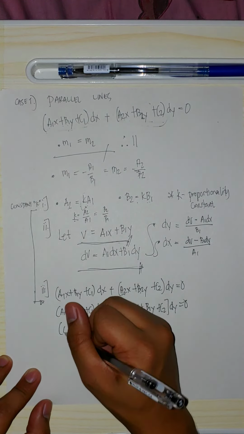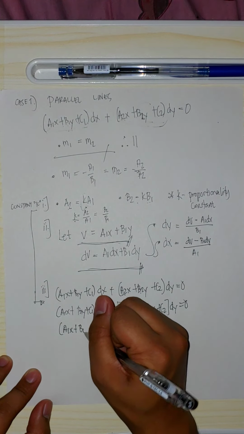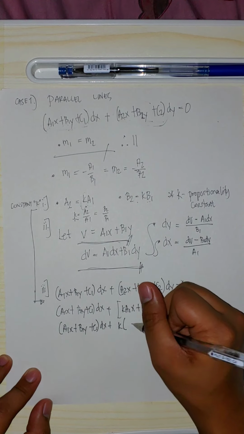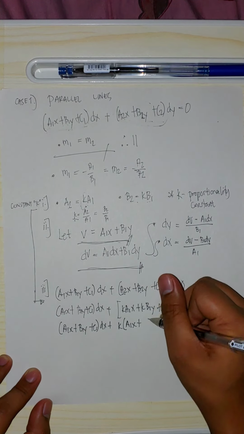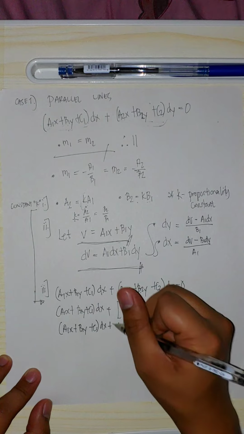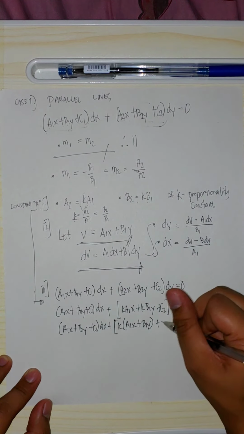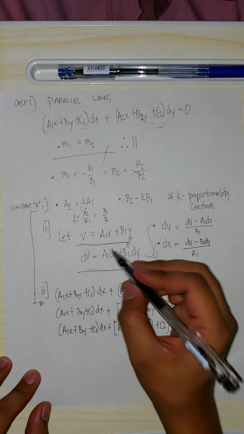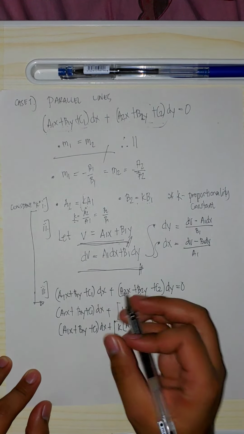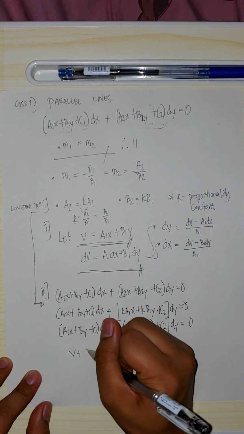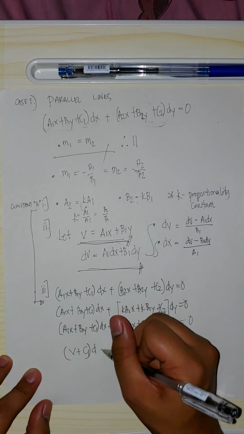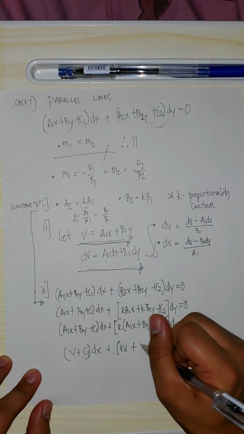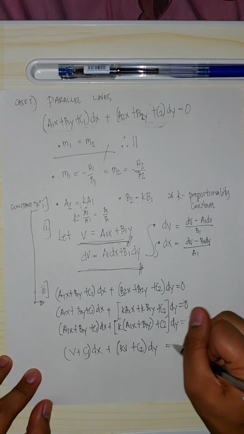Factoring out K, we have A1x plus B1y plus C1 dx plus K times A1x plus B1y, plus C2 dy is equal to 0. Let V be equal to this, then we have quantity V plus C1 times dx plus quantity KV plus C2 times dy is equal to 0.